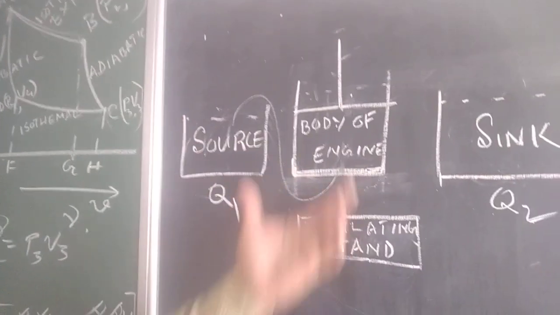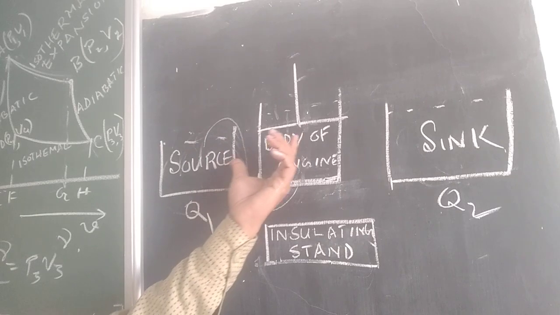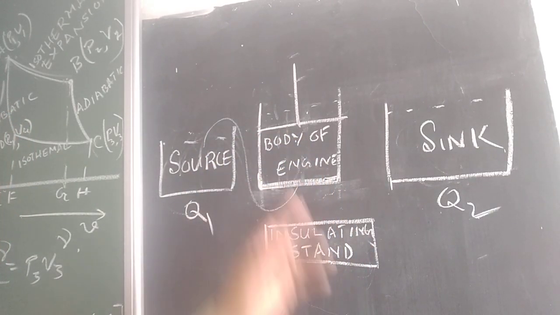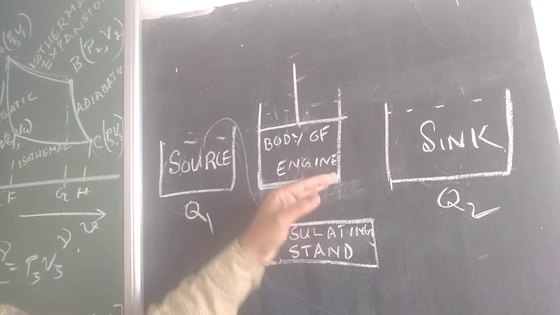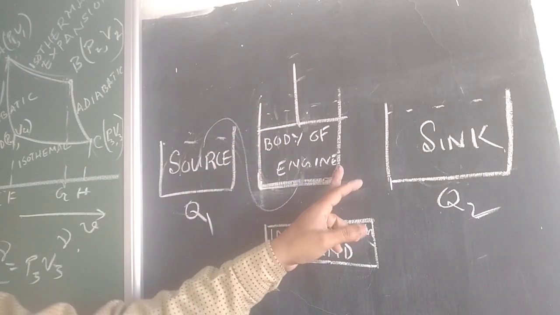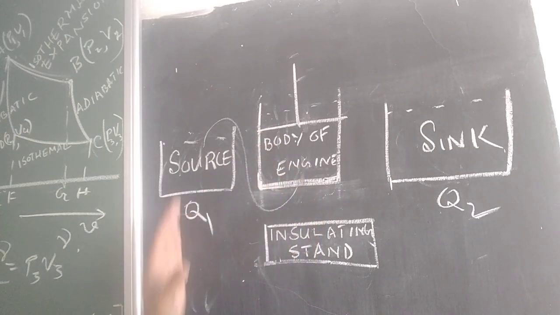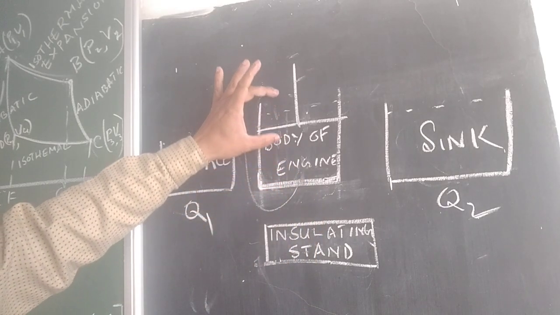Now, the next task: we will remove the body of the engine from the source and place it on the insulating stand. Now all the sides become insulated. No heat can enter or go out, and still the expansion continues.